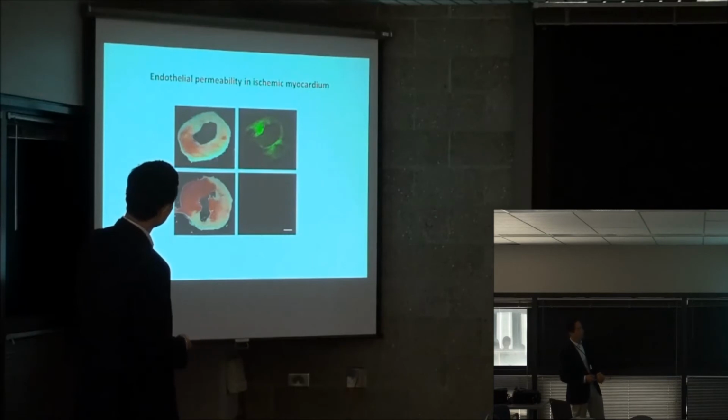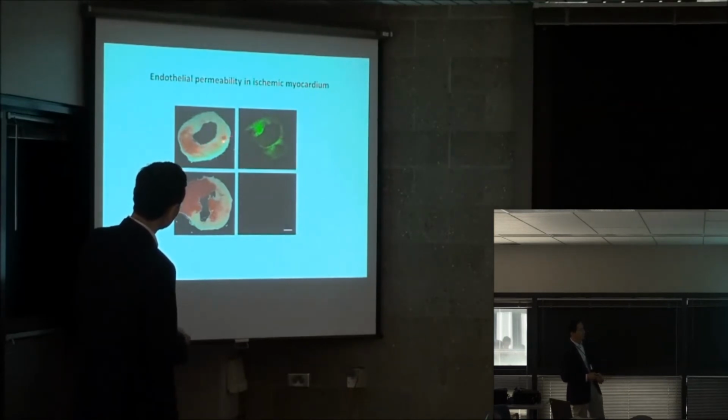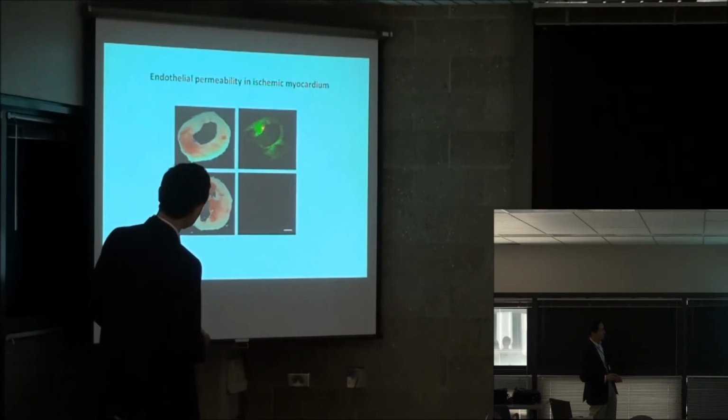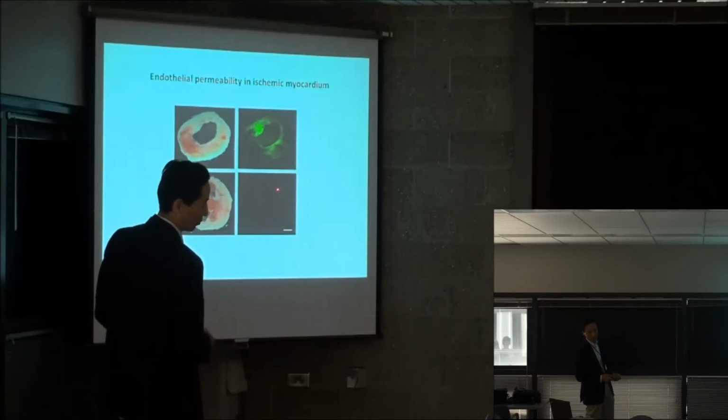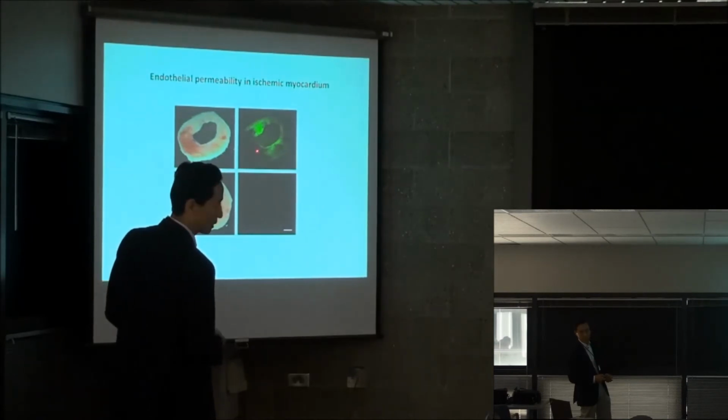After 1 day, we removed a piece of the left ventricle. These are left ventricle specimens labeled by TTC reagent. Red is good intact myocardium, and white is infarct. You can see that the fluorescein FGF21 only ended up in the lesion, the broken heart, but did not go through the capillary network or capillary endothelial cells in the intact myocardium.